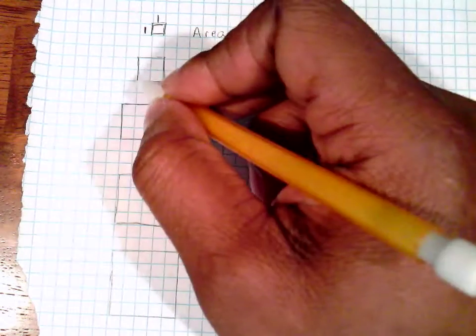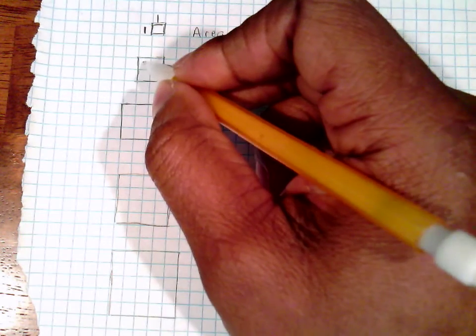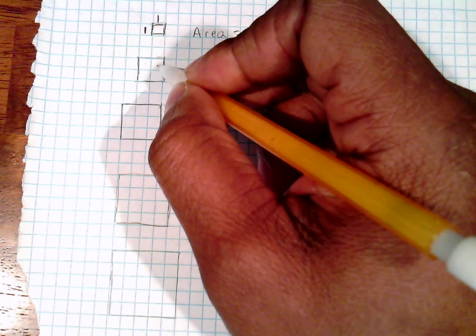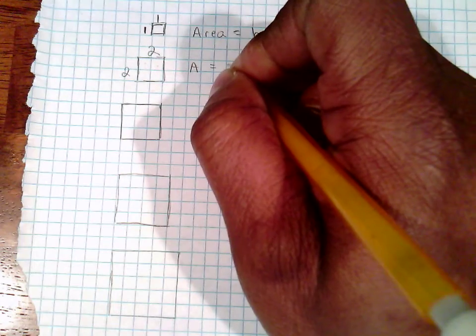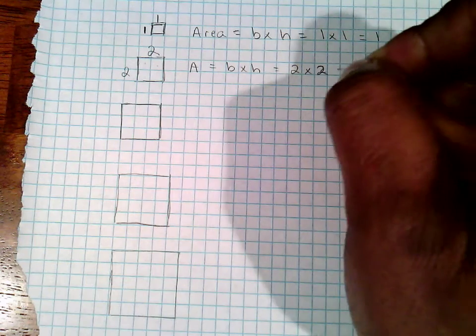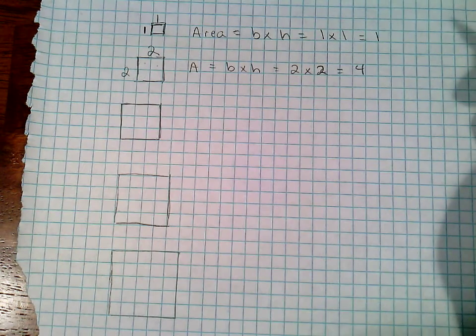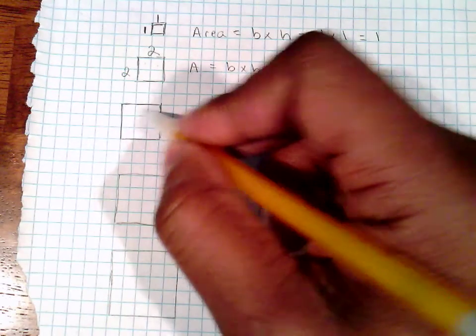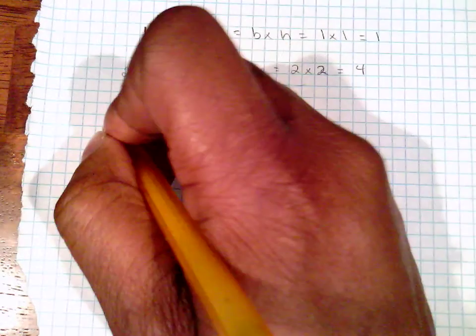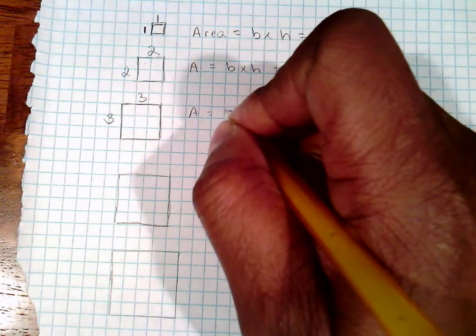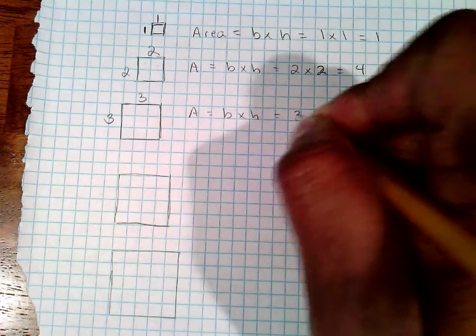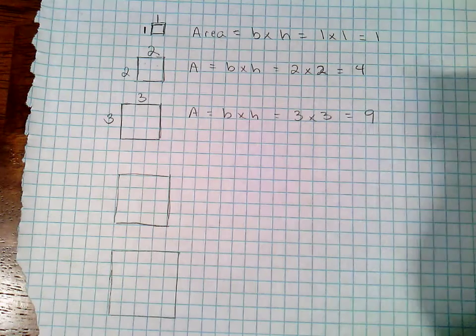Then the next one goes 2 blocks high and 2 blocks as the base. So we have a 2 by 2 square, and the area is found again by base times height. So we have 2 times 2, and that's equal to 4. And then, keep going, we have a height of 3, a base of 3, and the area, base times height, 3 times 3 is 9.